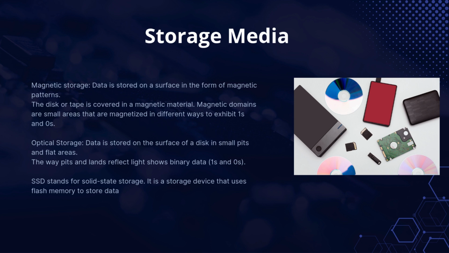Optical storage: data is stored on the surface of a disk in small pits and flat areas. The way pits and lands reflect light shows binary data, 1s and 0s. SSD stands for solid state storage. It is a storage device that uses flash memory to store data.